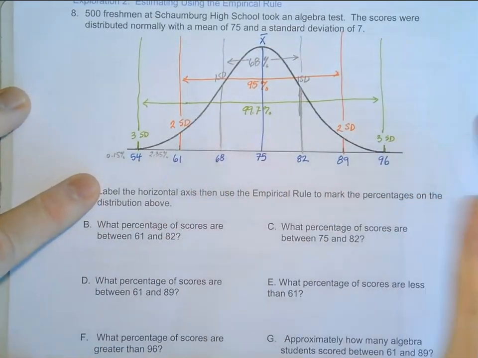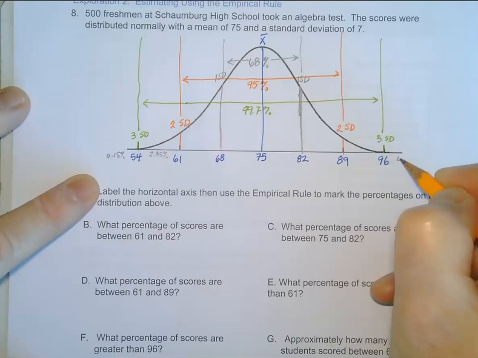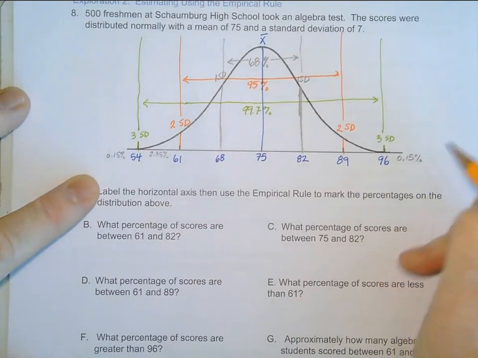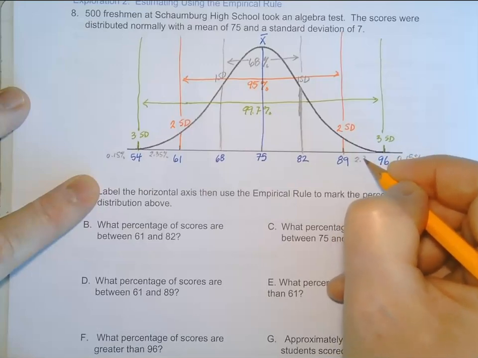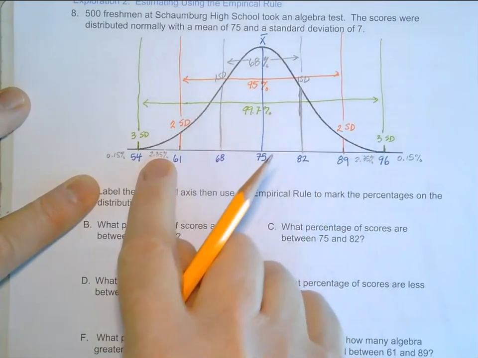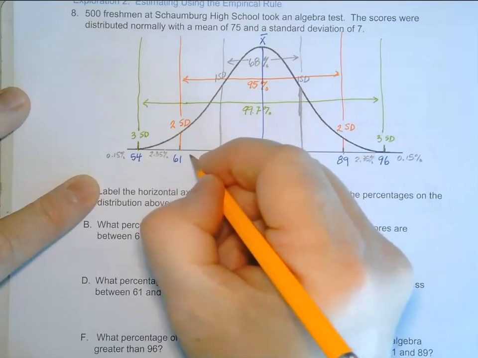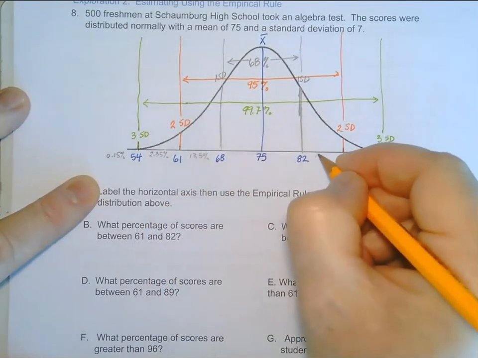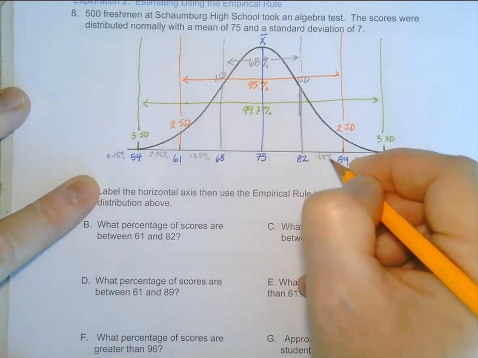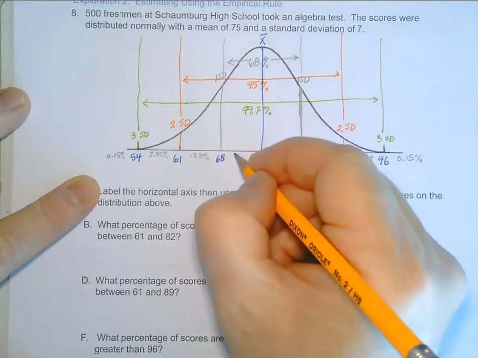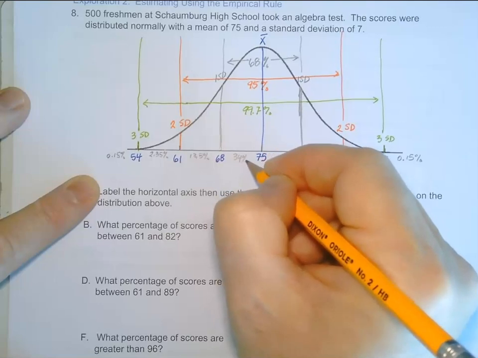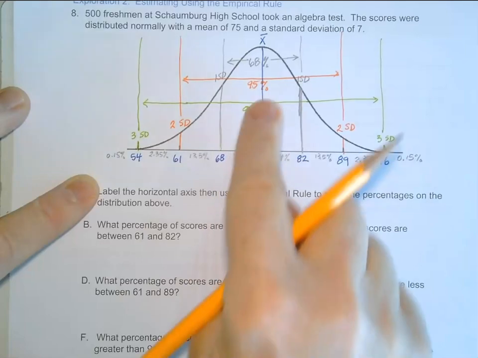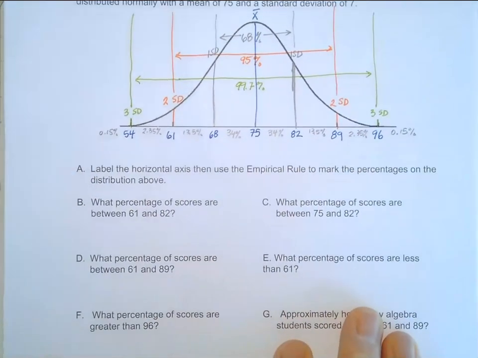Actually, I should do the regions going here and here and work my way in. 0.15. This is 2.35, and the next one is 13.5, 13.5. And then the last two are 34%. And those numbers again come from the numbers up above.